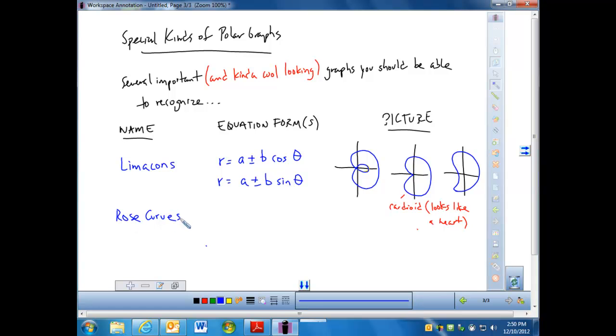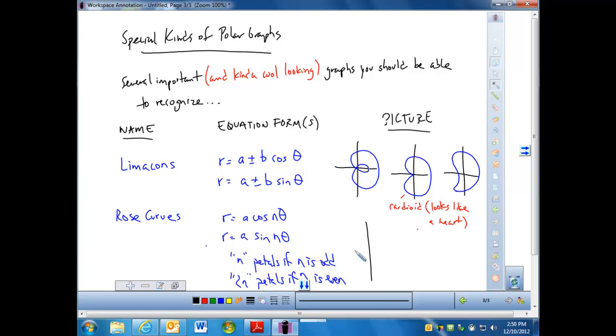The next family of curves are referred to as rose curves. Rose curves are of this form. So you don't have that constant out in front, but you have a number multiplying either cosine or sine, and then sometimes you'll have a different period put in there with your theta. If that number is even, then you are going to have 2 times that number of petals.